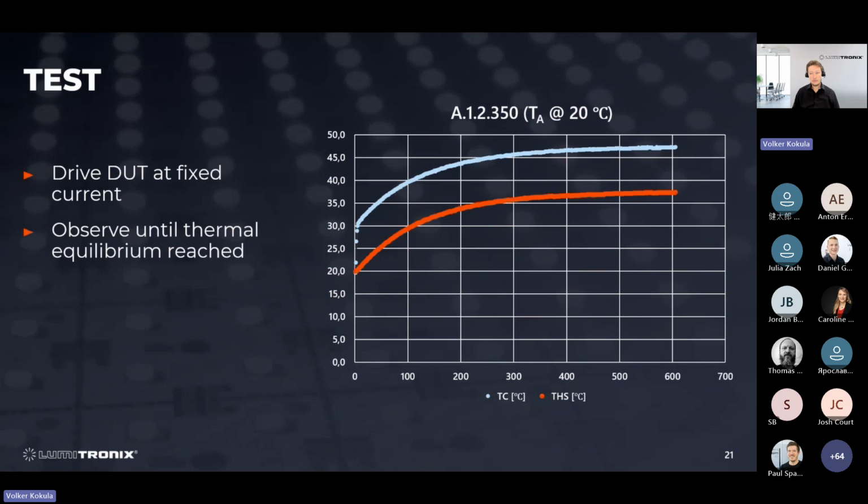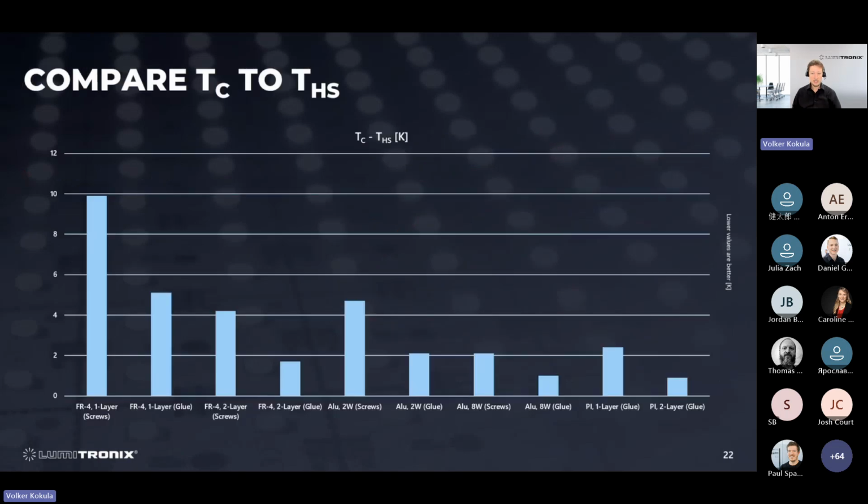After doing all of those tests, we have derived a test matrix. In this test matrix, as I told you before, we will compare the temperature difference between the hotspot temperature on the top and the temperature of the heatsink itself, since this is a proxy for the thermal performance of heat transfer of the used layer stack.